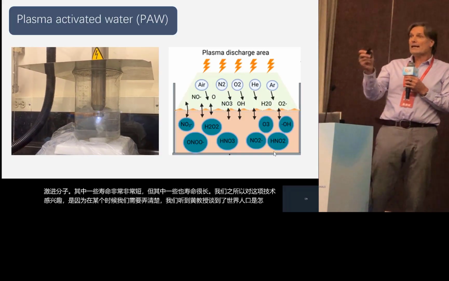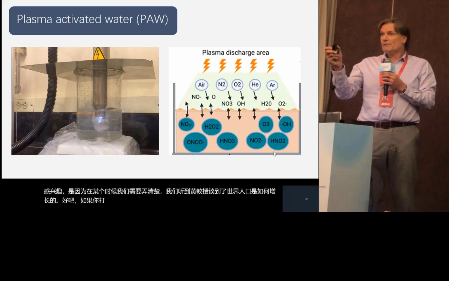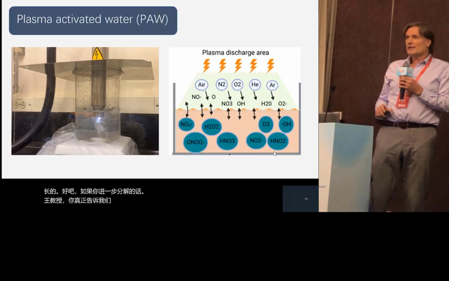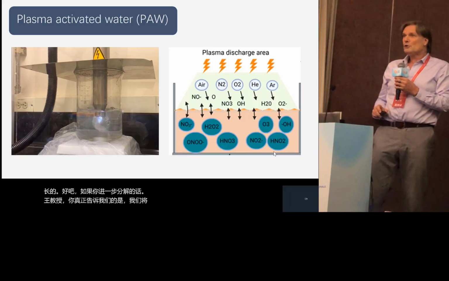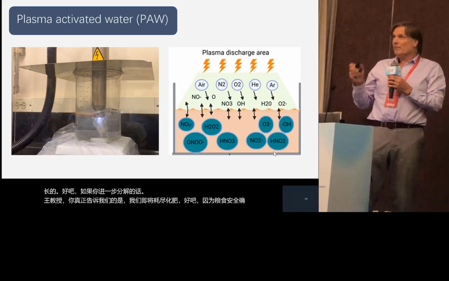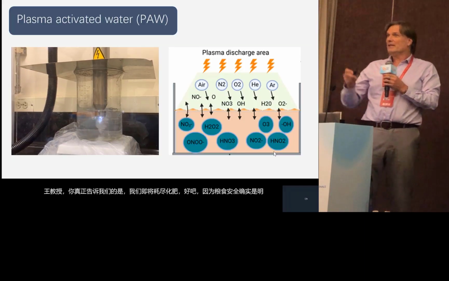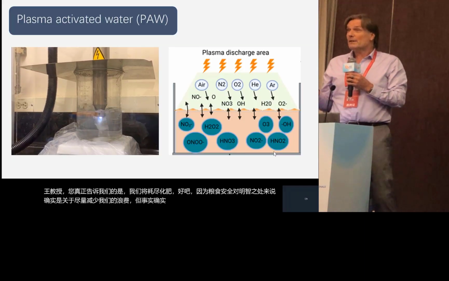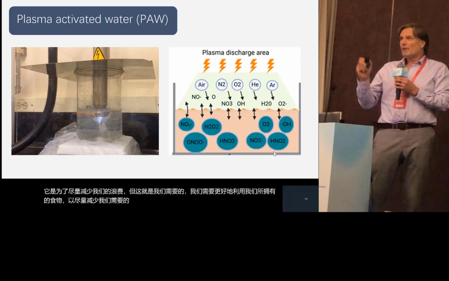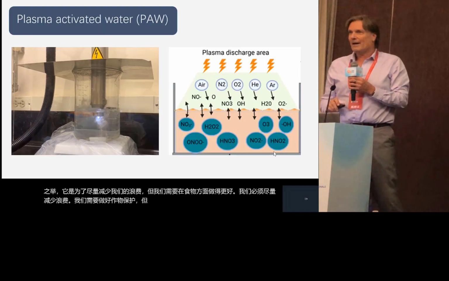Well, if you break that further down, what you're really telling us, Professor Wang, is that we are going to run out of fertilizer. Okay, because food security is really, to a wide extent, about minimizing our waste, but we need to do better with the food we have to minimize our waste. We need to do crop protection, but we also need to find fertilizer somehow.